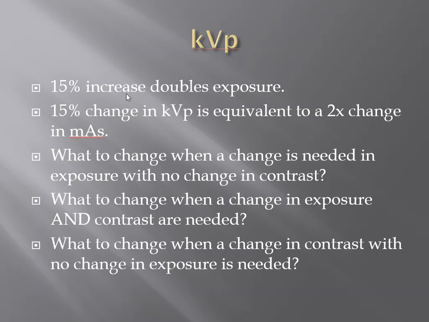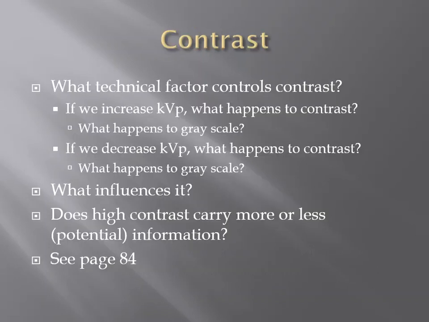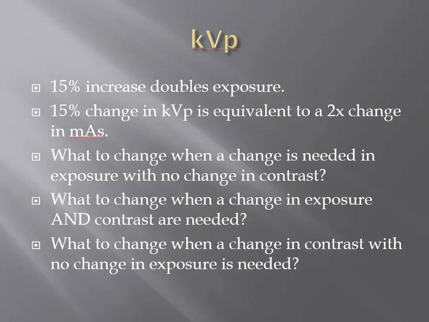But a 15% change in kVp changes the exposure in the same direction by a factor of 2. What I mean by that is, if you increase your kVp by 15% and that's the only thing you do, it's not only going to do everything we talked about over here, which is to change your grayscale. You increase kVp and you get a longer grayscale, wider latitude, and lower contrast.